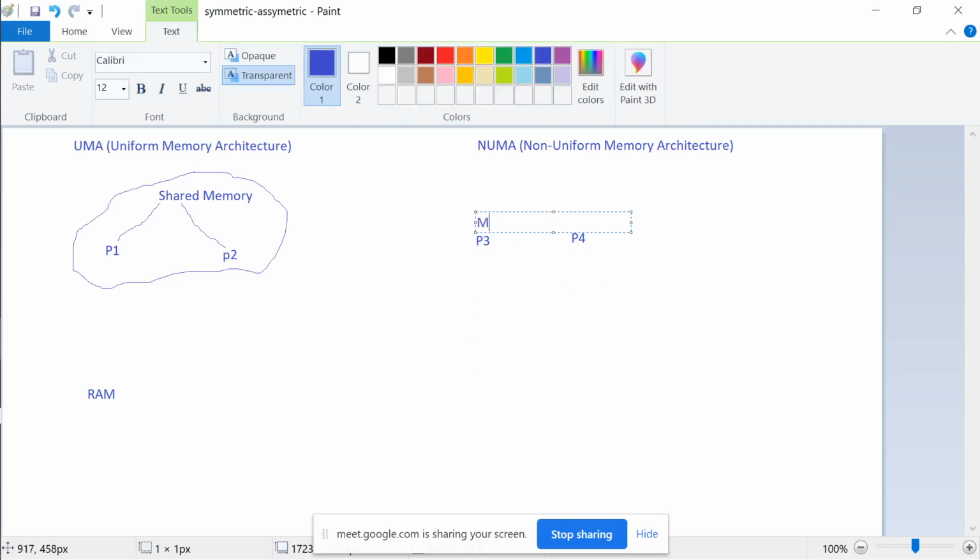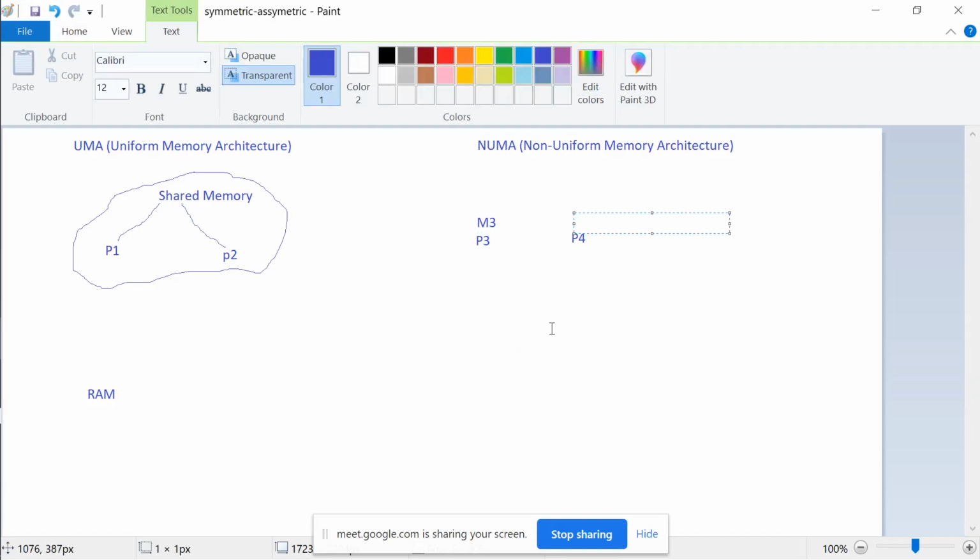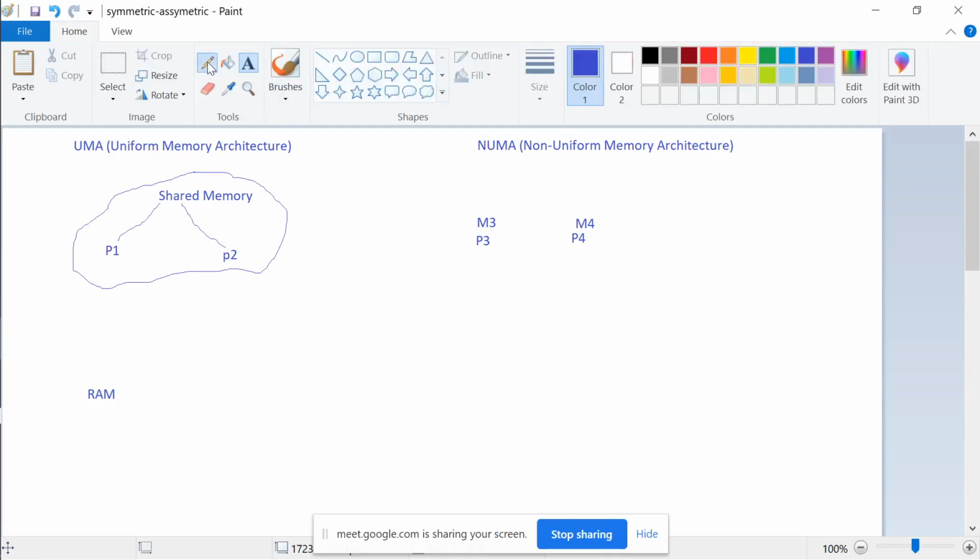P3 will have a memory called M3, and P4 will have a memory called M4. So P4 will be assigned a separate memory. There may be some communication line, but they are not shared.